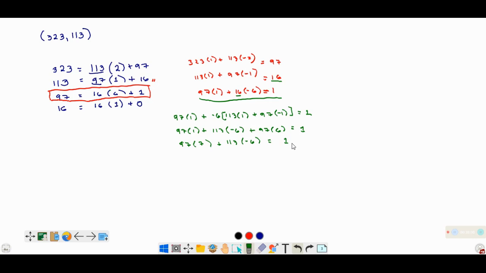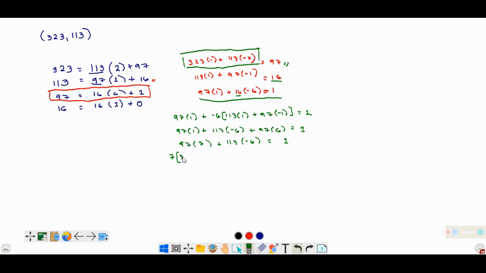After that, replace naman natin yung number na 97 using the linear combination for our outline here. So, meron tayong 7 dito sa labas, multiplied by yung 97 na nandito.